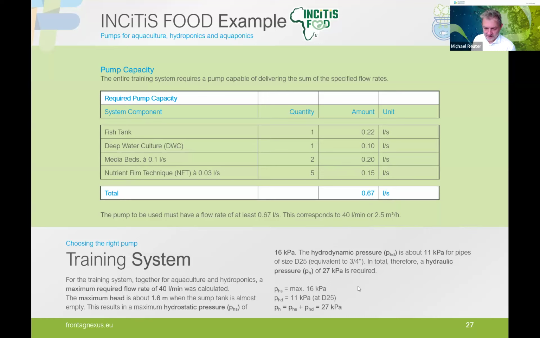That would be 11 kilopascal for the friction loss inside of our piping system, and another 16 kilopascal for the hydraulic pressure, because if the sump tank gets really empty, we will have a height difference between our sump tank and the fish tank of about 1.6 meters, adding up to 27 kilopascals.